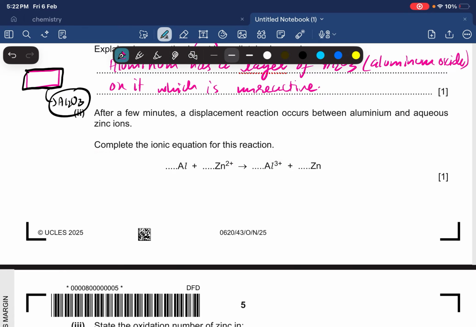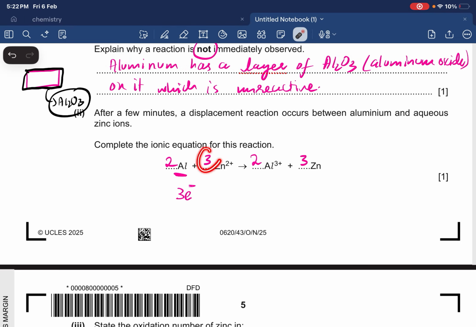Okay, so what's basically happening is that you have to realize one thing. Aluminum is gaining 3 electrons, and zinc is losing 2. To balance 2 electrons and 3 electrons, you put a 3 here and a 2 here.